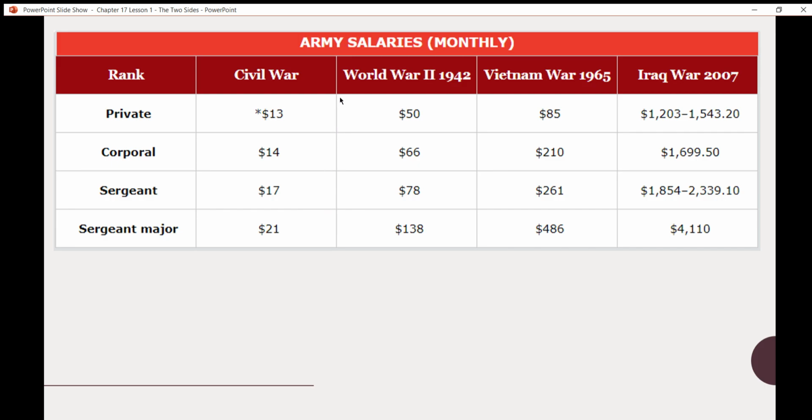Of course, currency and economics change over the years. By 1942, these numbers pretty much triple, even quadruple, ranging from $50 to $138. In Vietnam in '65, between $85 and $486. And most recently in the Iraq War, anywhere from $1,200 monthly to about $4,100 monthly for a sergeant major.